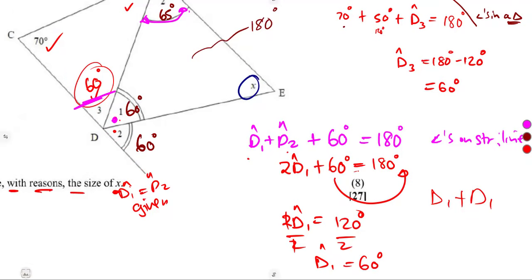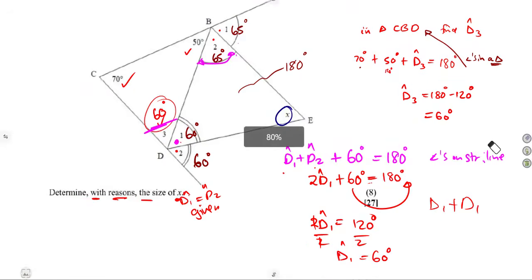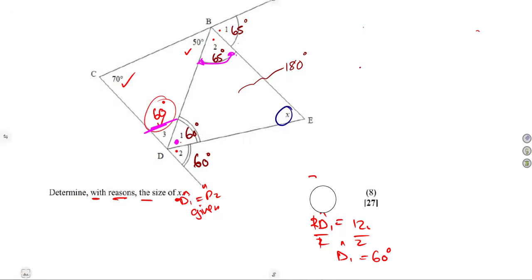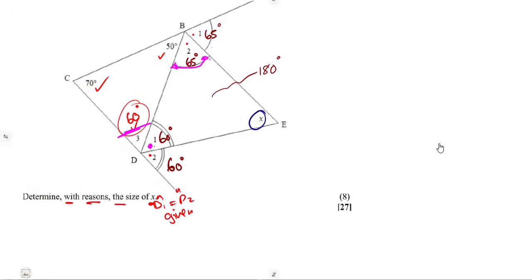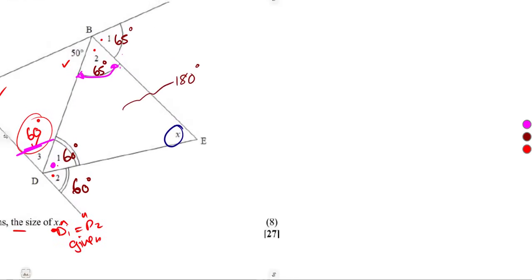All right? By having angle D1, it is easier now for us to determine the value of X. So you must have all these calculations. After that, find X. How can we have X now? Angles inside a triangle.